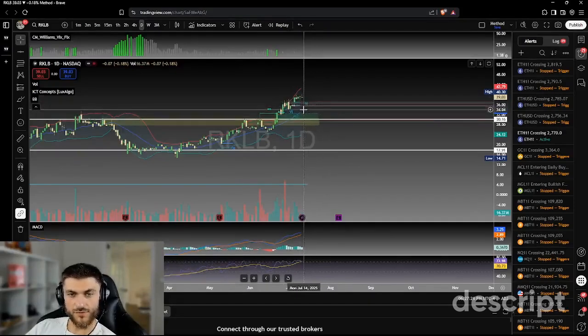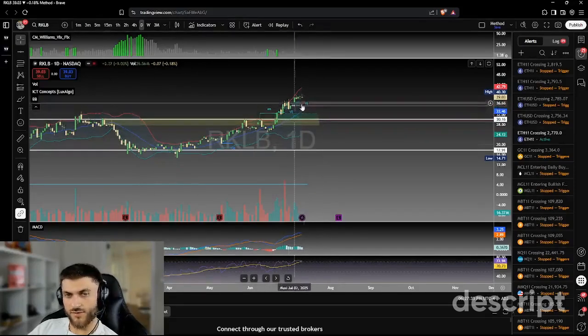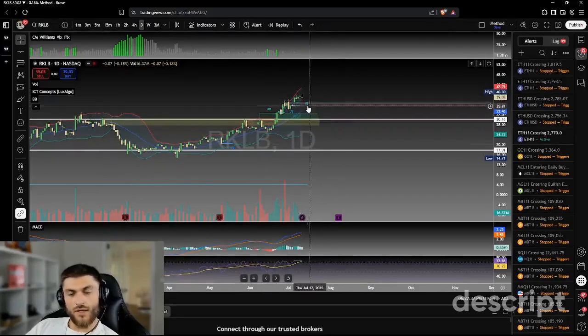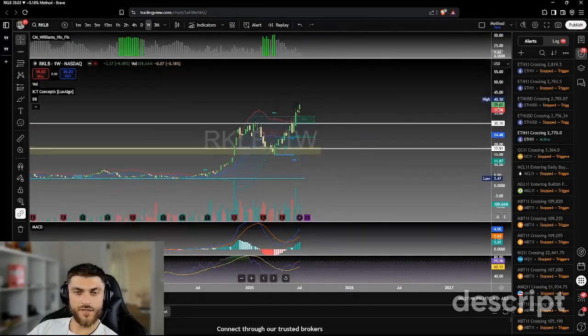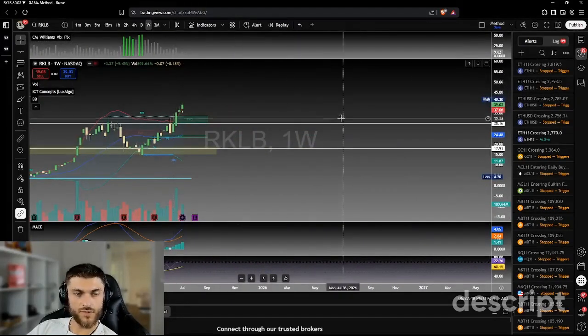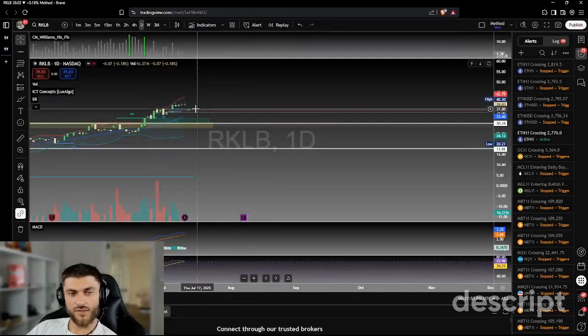By the time this moves down, the basis line for the Bollinger Bands is going to be pretty much right around this volume imbalance. So I think what you're looking at in the coming days is a test of this area and then potentially another stab to the upside. When is that going to happen? I don't necessarily know, but I would just be expecting a little bit of consolidation and retracement here.